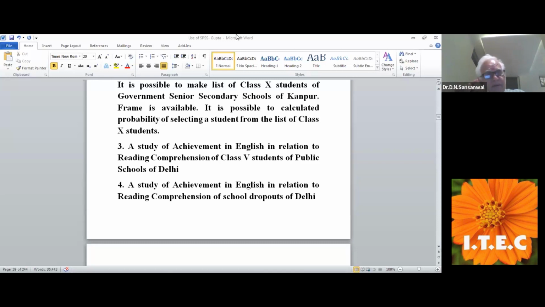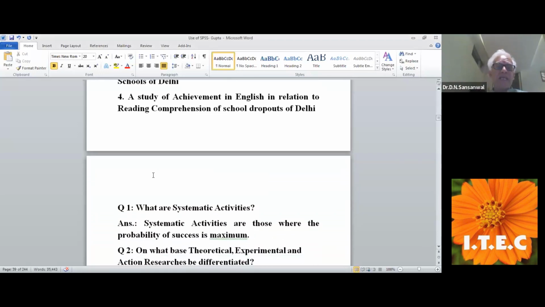And in the research title, PhD thesis, which are uploaded in the Shodh Ganga, they do not have the complete population information in the title. And if you do not have the complete information in the title, then you cannot decide whether it is a probability sampling technique or it is a non-probability sampling technique. So let us now go ahead. Now I have to explain you the probability sampling technique.